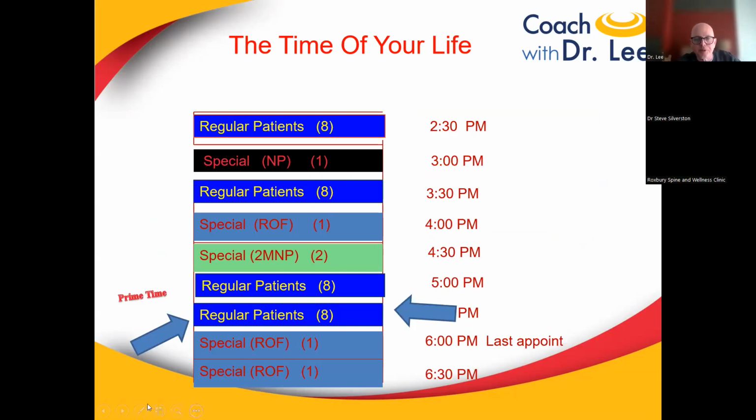And right, prime time, I would have either back to back or even back to back to back, 3 half hours, 90 minutes of regular patient times, at least 3 afternoons a week of prime time. And ideally, it's filled up with patients that need to come during prime time.